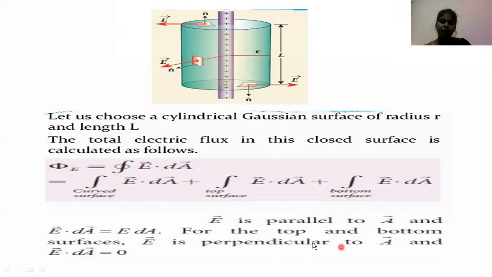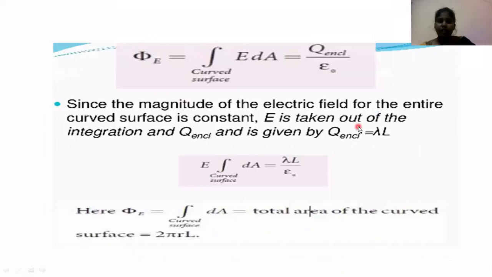For the top and bottom surfaces, E is perpendicular to dA, hence E dot dA is 0. So the flux is contributed only by the curved surface.